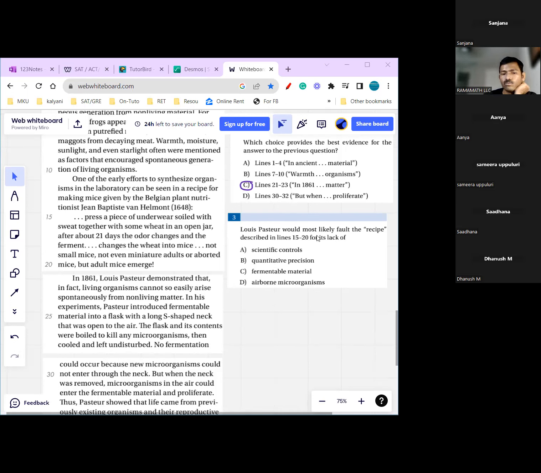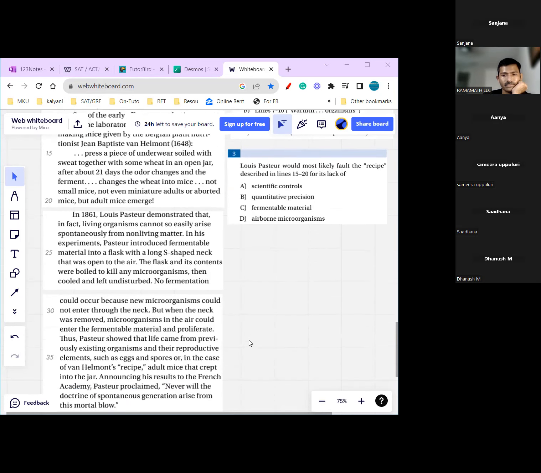So Louis Pasteur would most likely fault the recipe described in lines 15 to 20. If you look at the lines up here, this describes the living organism, merely states that the scientists disagree about the, what do you call? Just reading that myself too.